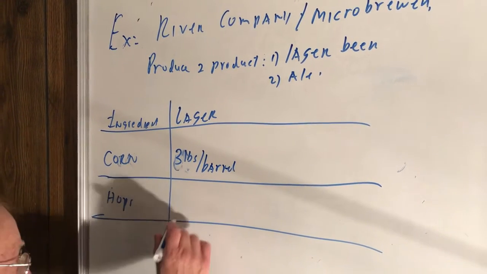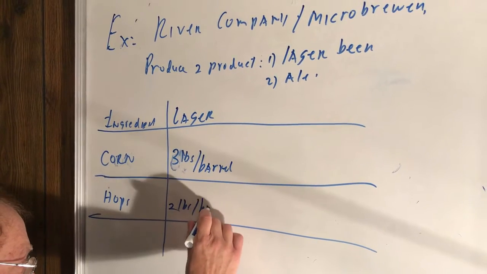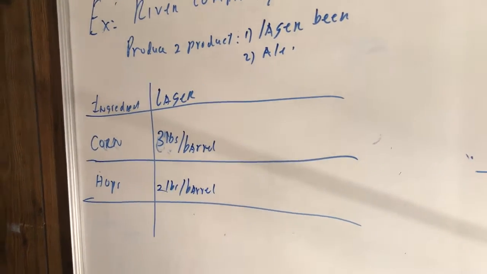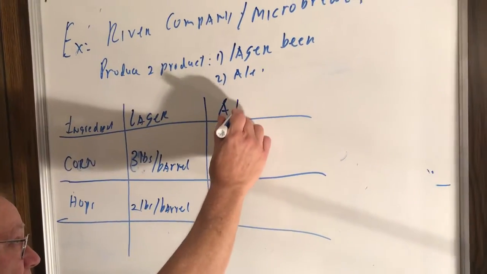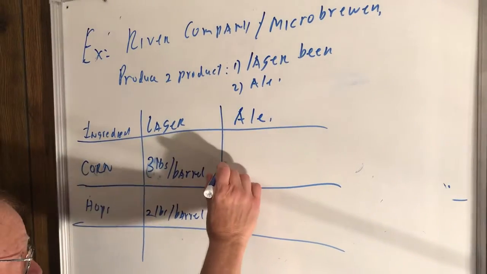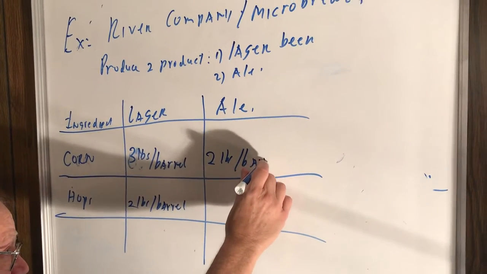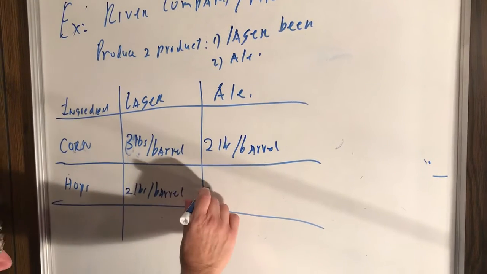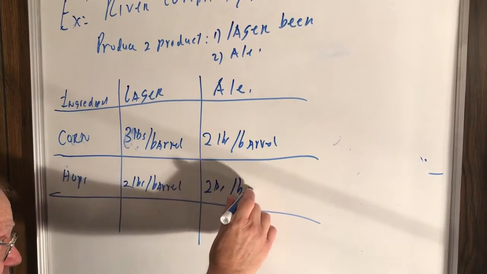Hops, you need 2 pounds of hops per barrel of lager. Assuming those are the only 2 ingredients, which usually aren't. Now for the ale, we know that we need 2 pounds per barrel of corn and 2 pounds per barrel of hops.